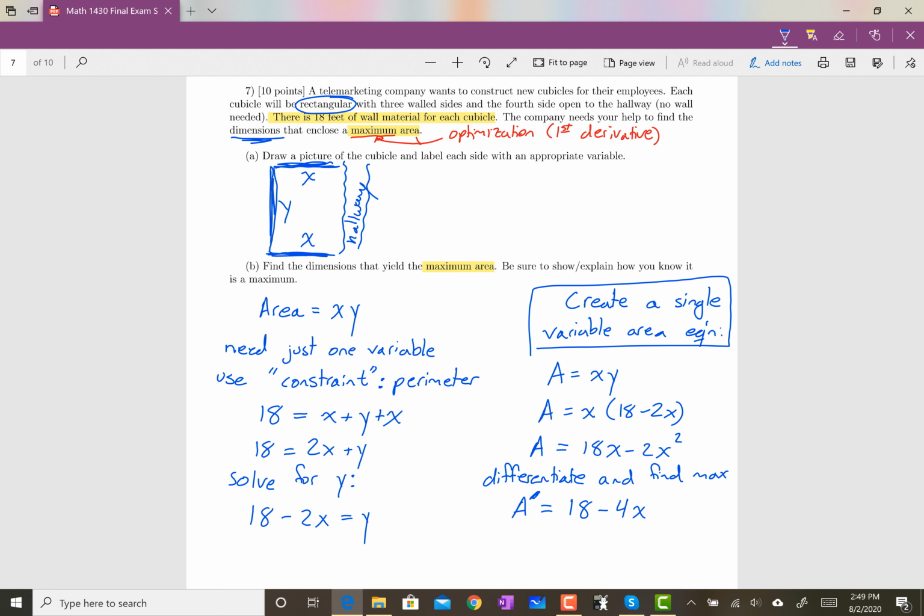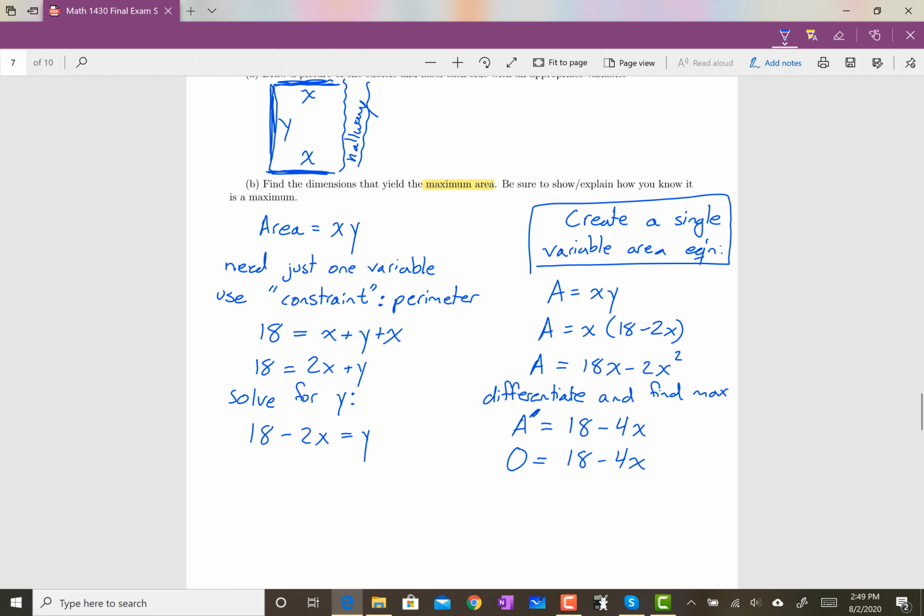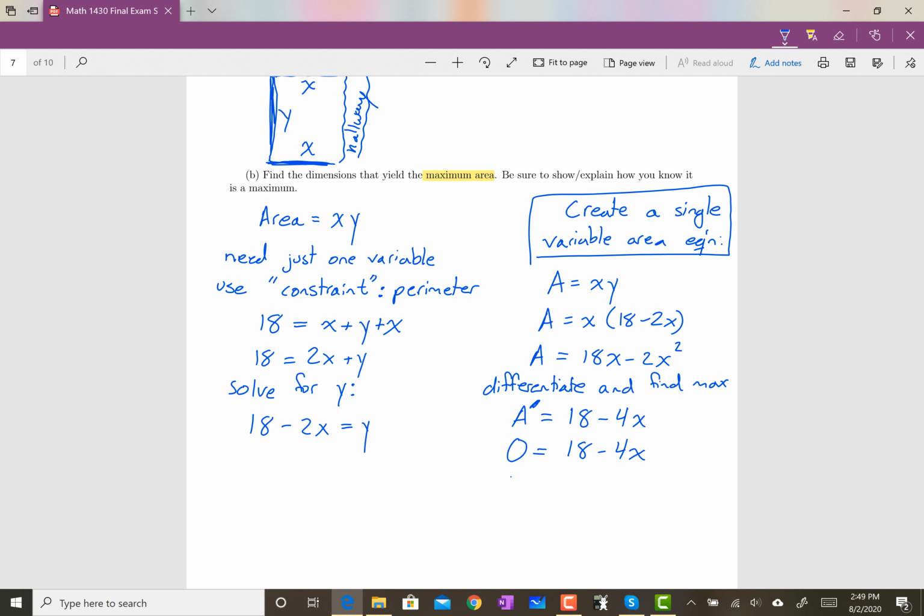But it could be equal to 0. If we set it equal to 0 and add 4x to both sides, 4x is equal to 18, so x is equal to 18 over 4, which is 9 halves, or 4.5.